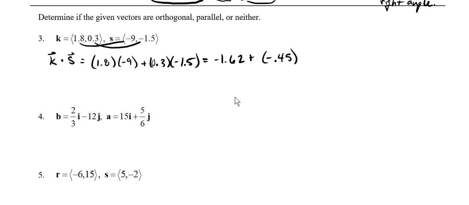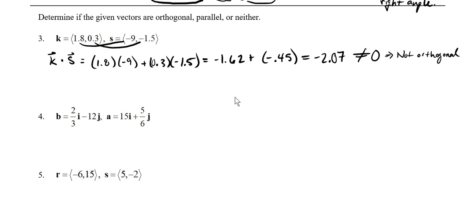Right. So let's see, when we put these together, I get -2.07. Notice that is not 0, which means these are not orthogonal. They're not forming a right angle.